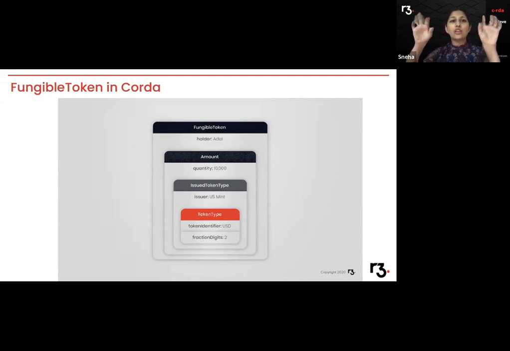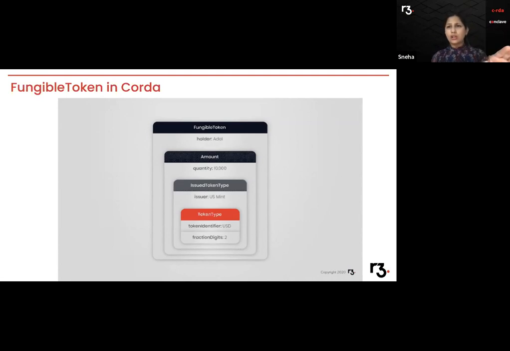Now, if these two tokens have different issuers, then you will not be able to merge them because the issuers are completely different. Let's say that one is BMW and one is Mercedes. You do not want to mix these kinds of tokens where issuers are different.